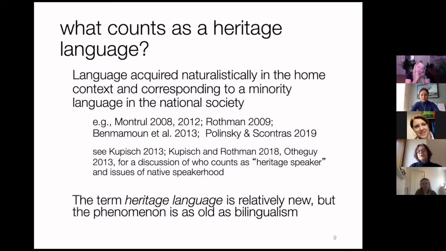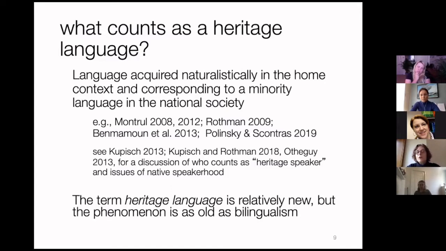The term heritage language is actually quite new. It came from Canada in the 1990s, where it was used as the denotation for languages of the First Nations. But then in the 1990s, it started being used to denote the language of weaker bilinguals.